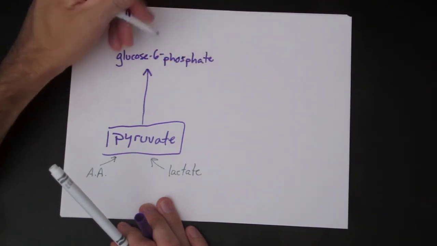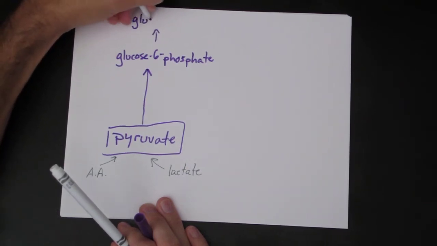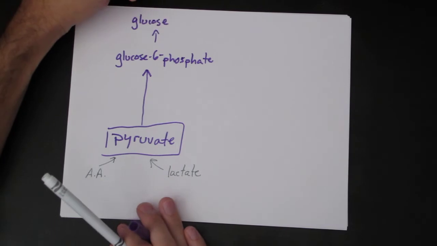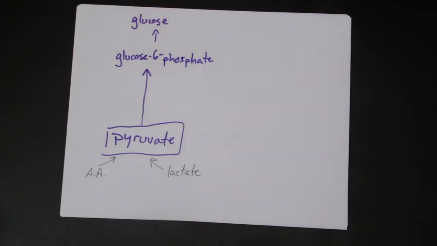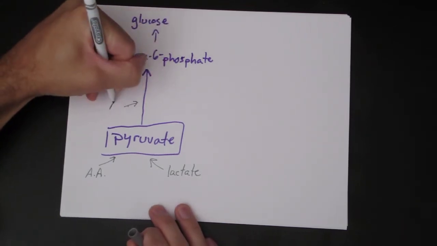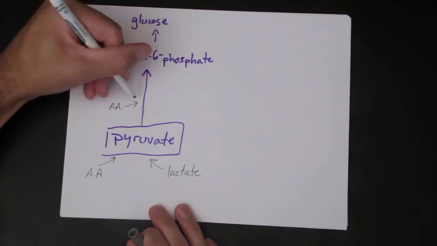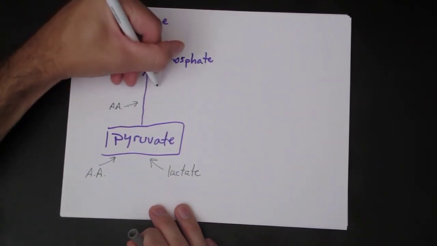And I'm bringing this up for an important reason in just a minute. Then that can be converted back to glucose. Along the way, we can convert other substrates back into this. There are some amino acids that are converted to intermediaries of this process, so they would enter right here.